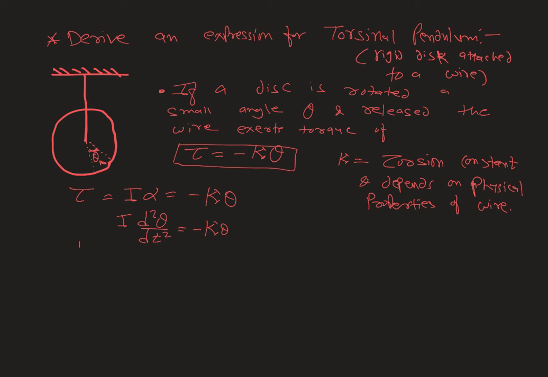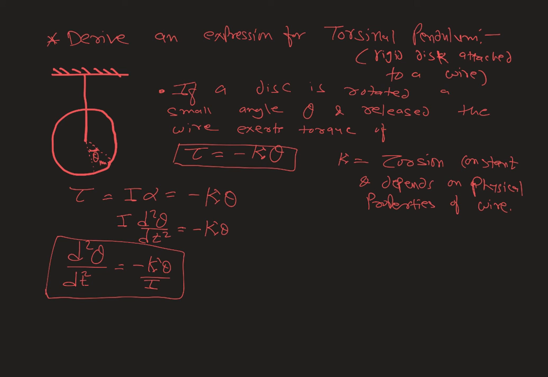So for the torsion pendulum, the second order differential equation is d squared theta over dt squared equals negative kappa theta over I. Here we go, right?